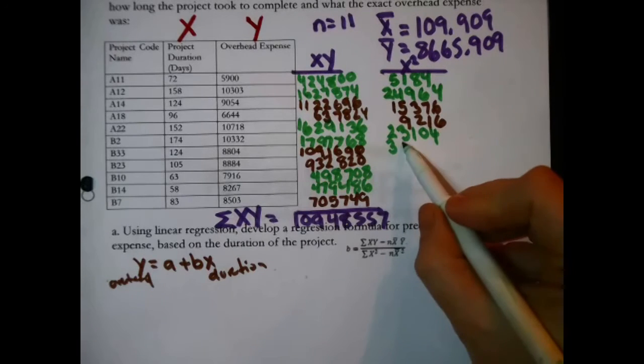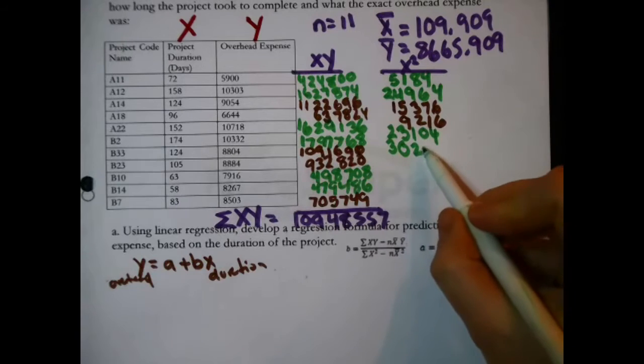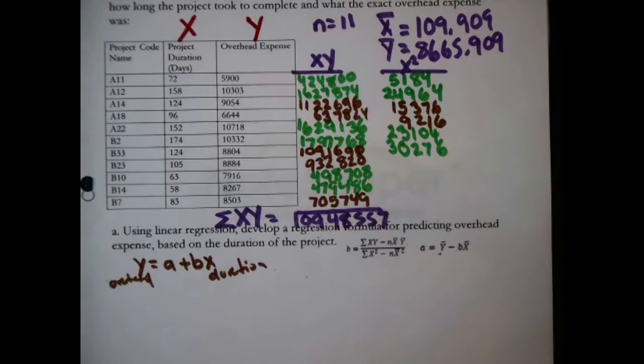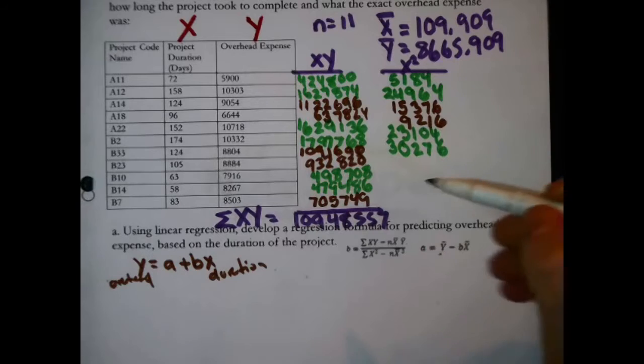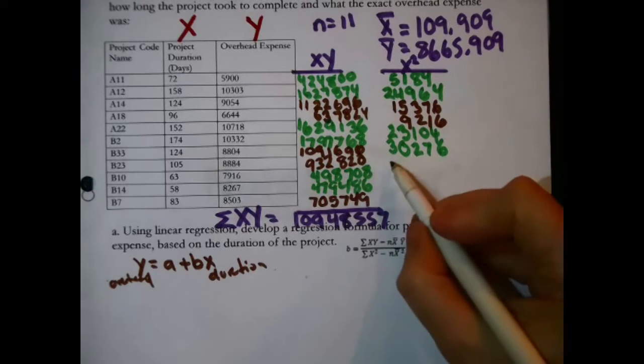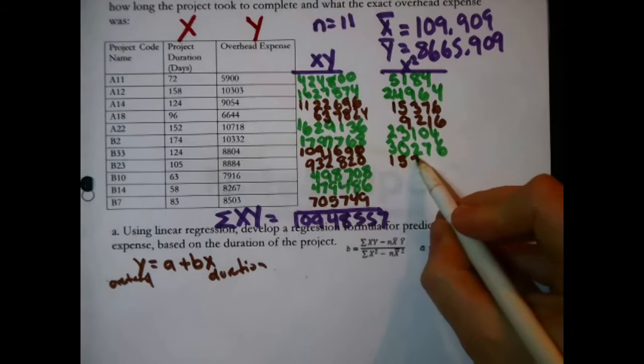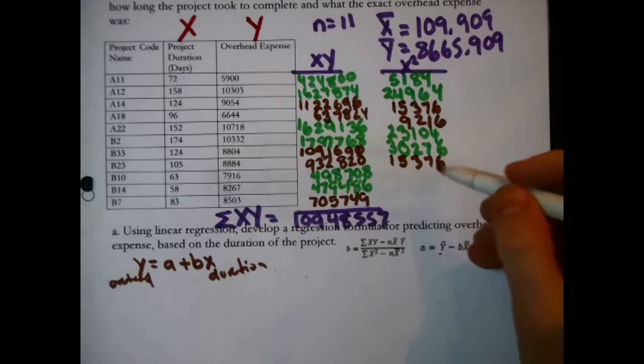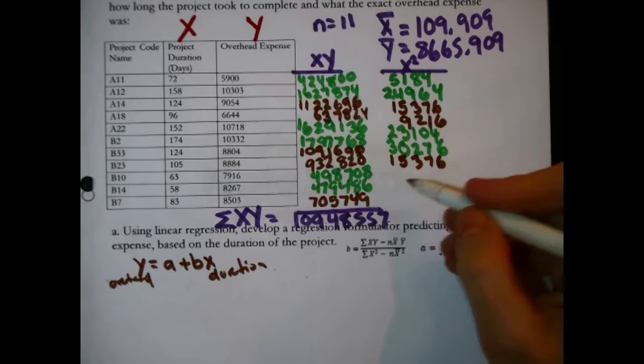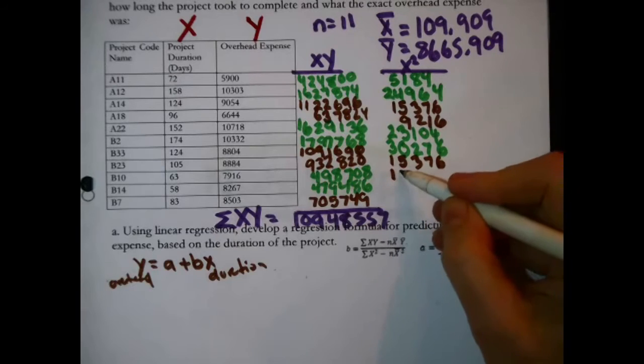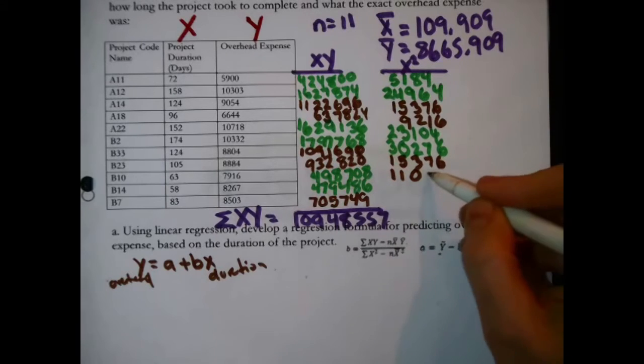The result is 30,276. For the next project, square the duration. I get 15,376. The project after that, square the duration. I get 11,025.